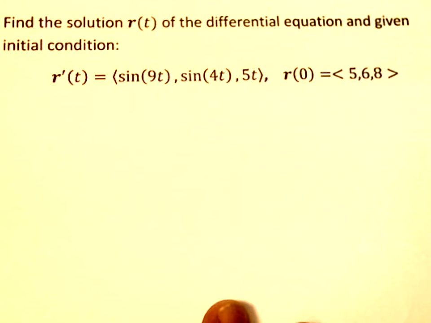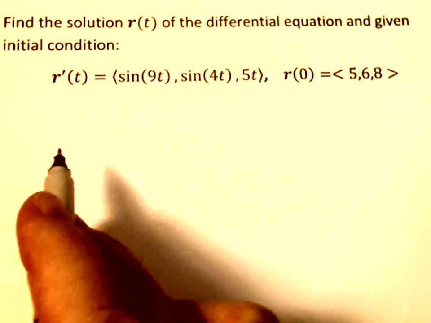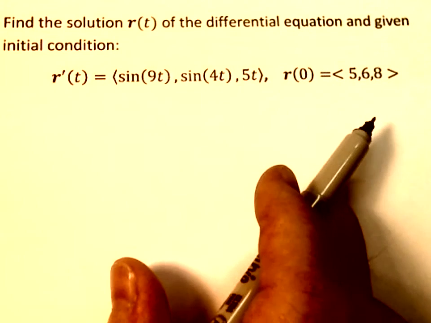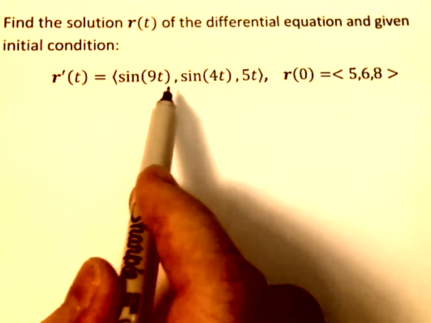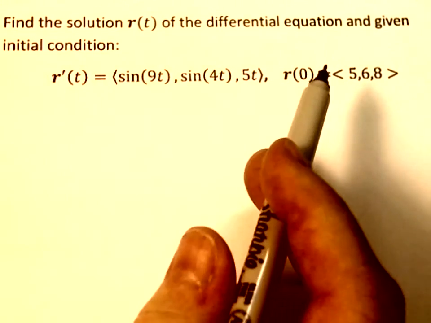Okay, in this problem we're trying to solve a vector differential equation with an initial condition. So we have r of t, and here's r prime of t, which has these components.